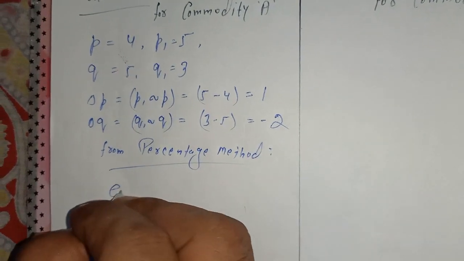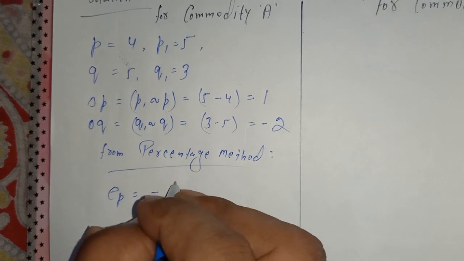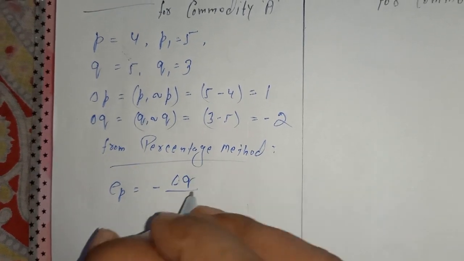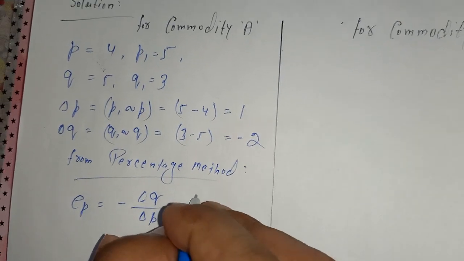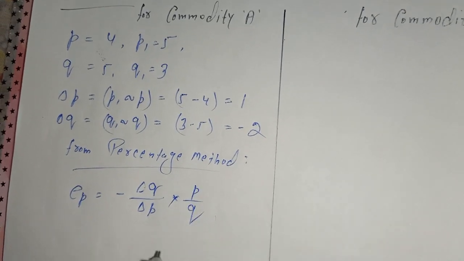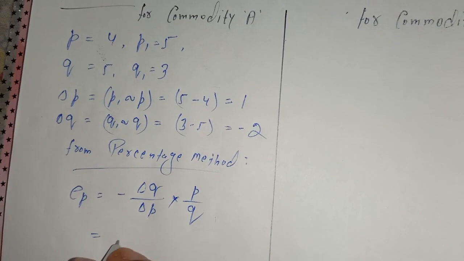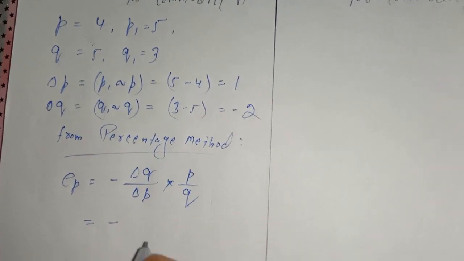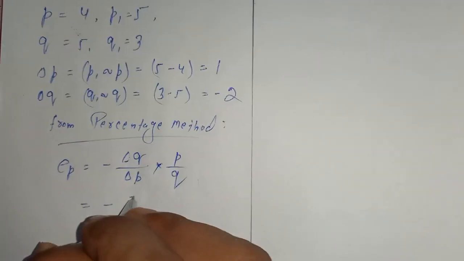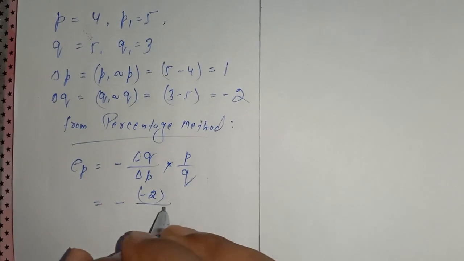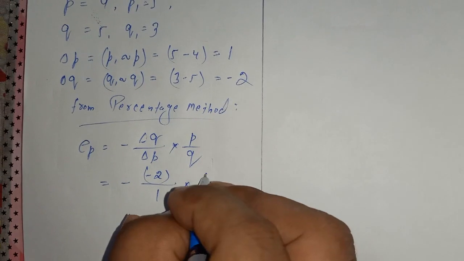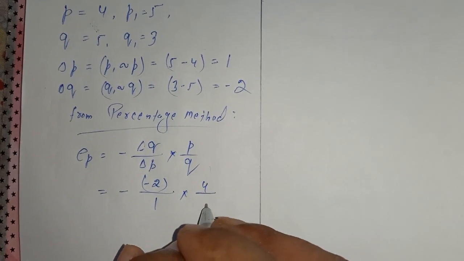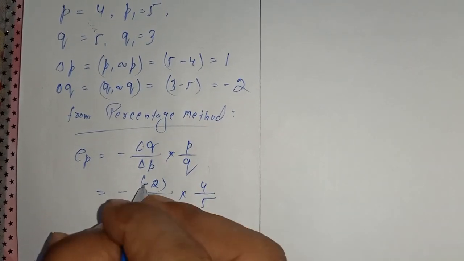The formula is EP is equal to minus delta Q upon delta P into P upon Q. Put the values here. Delta Q minus 2 upon delta P 1 into P, that is 4, upon Q, that is 5.